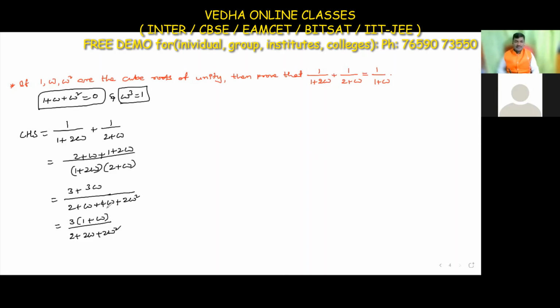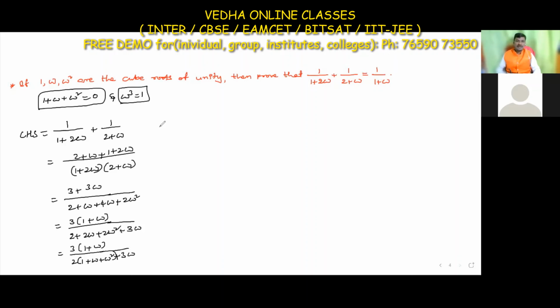Whatever we have out of 5 omega, we took 2 omega, the remaining 3 omega is extra, writing separately. Now this is equal to 3 into 1 plus omega divided by, take 2 common here, 1 plus omega square, plus 3 omega.